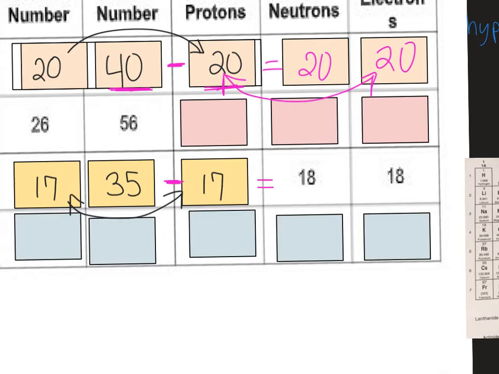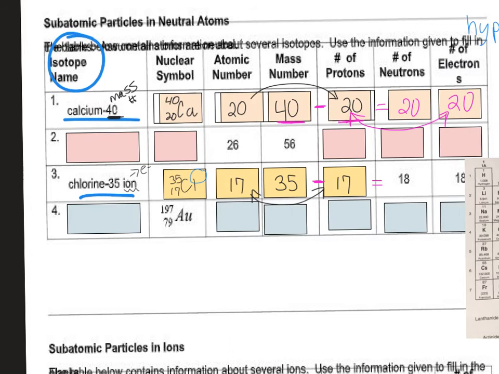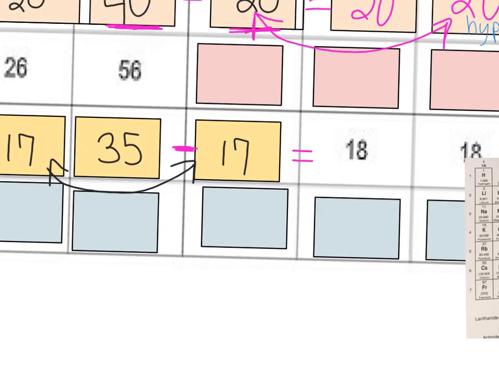Another way we could have done mass number. So let's just say, looking at this, you're like, I have no idea what to do here. Or let's just say I didn't give you this name right here. If I didn't give you that information, you wouldn't have known your mass number yet. So the way to do that backwards, and you've hopefully had a few examples of that, is you could have taken this 18.